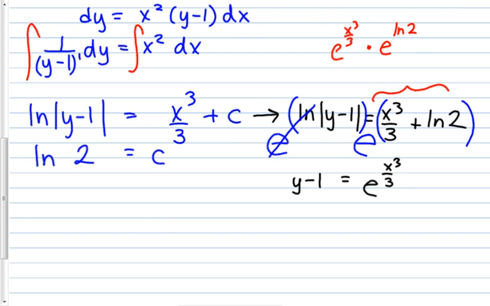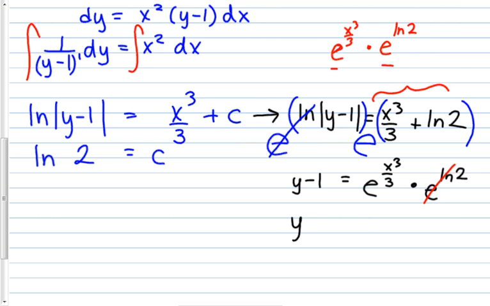The fact that I'm adding them means that it was the same base, e, and that they were being multiplied. So I want to revert this back to that. I want to rewrite it like that, e to the natural log of 2. And the reason for that is because it gives me the opportunity to cancel those out.